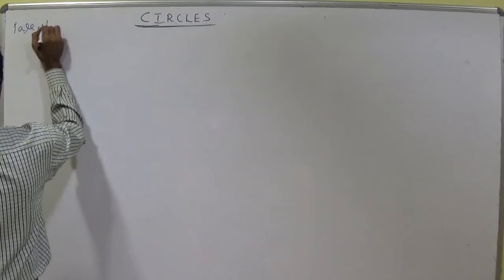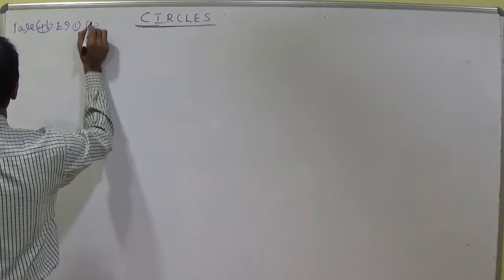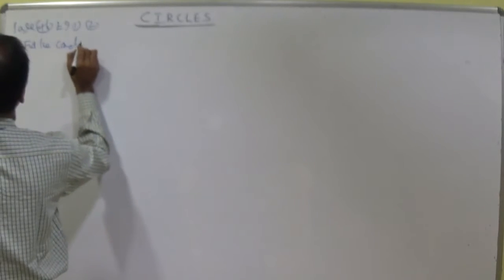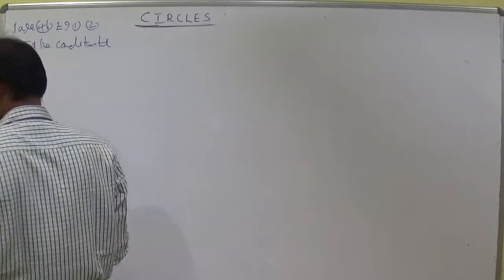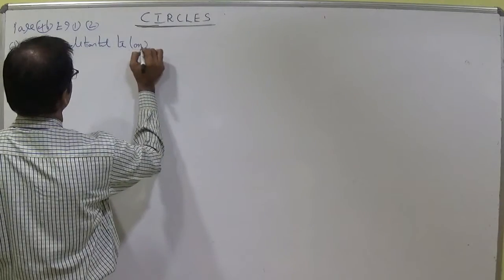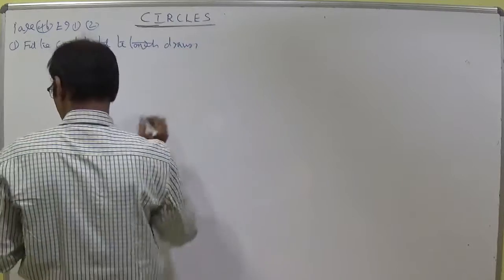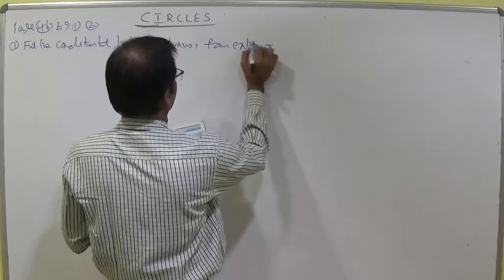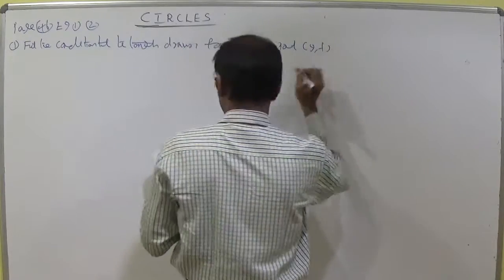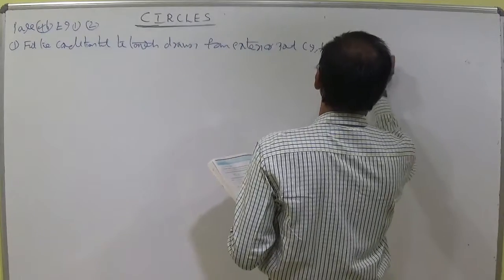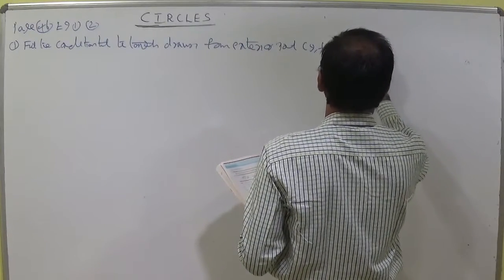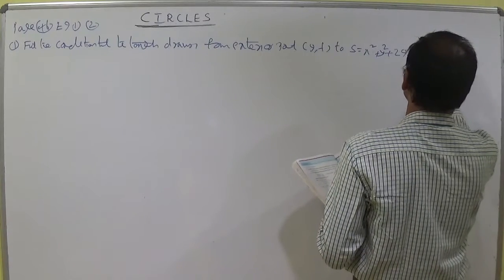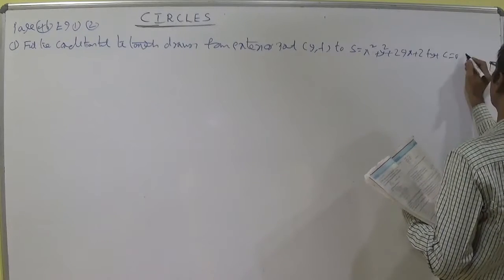Example 1: find the condition that the tangents drawn from an exterior point (g, f) to the circle x square plus y square plus 2gx plus 2fy plus c equal to 0 are perpendicular to each other.